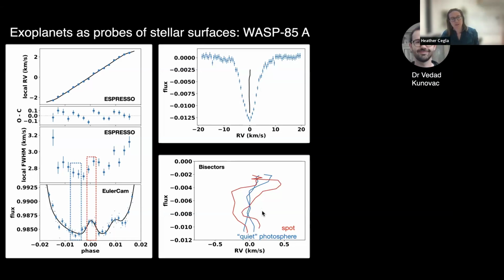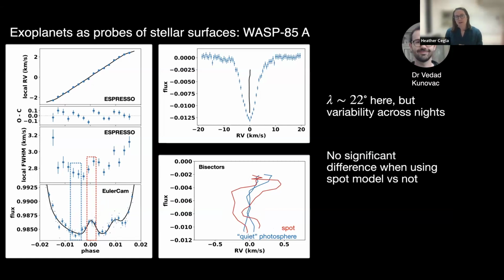That is not obvious because the local precision here is about 50 meters per second. This is a G star, so we'd expect something similar to the sun, where you'd see maybe a few 100 meters per second difference between the convective velocity in a spot versus the quiet photosphere. So in theory we should be able to detect it, but we're not just yet. The ones in red are what we think correspond to the spotty regions versus the more quiet ones. So there's more work to be done there.